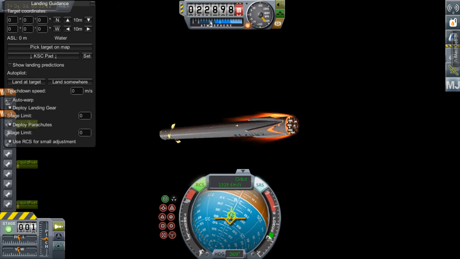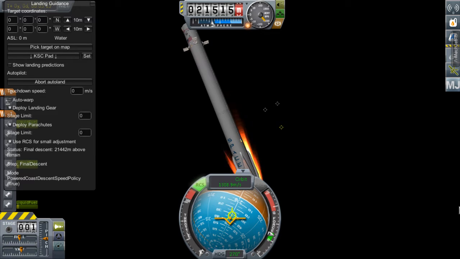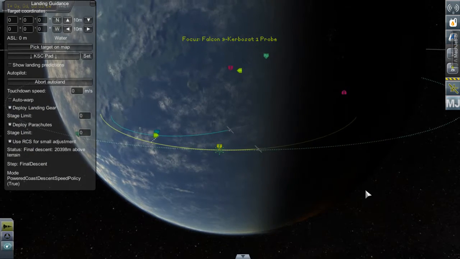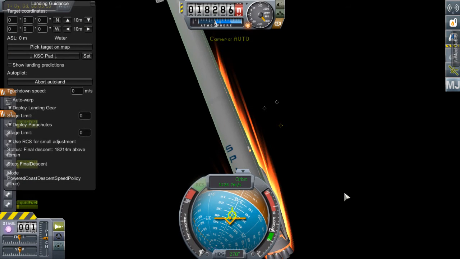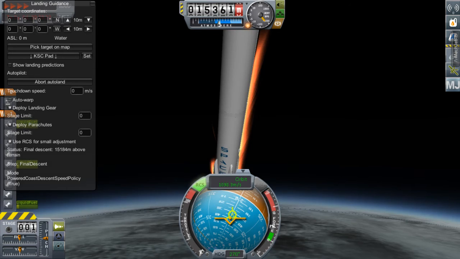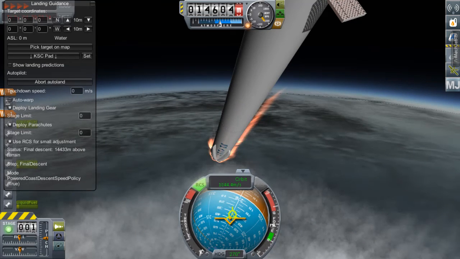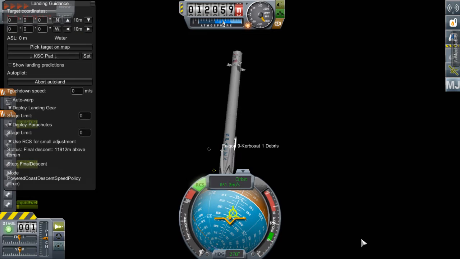Grid fins deploy. Auto landing sequence has started. Auto landing sequence is active.